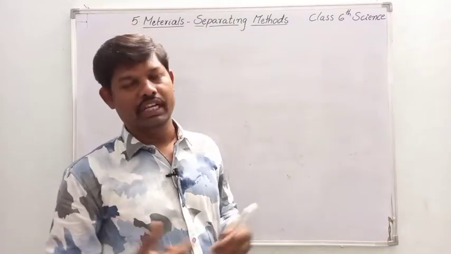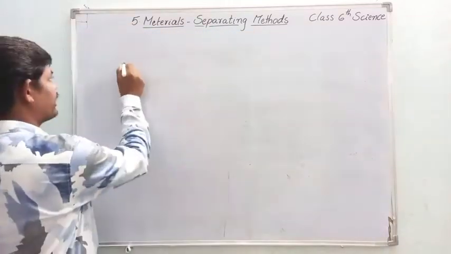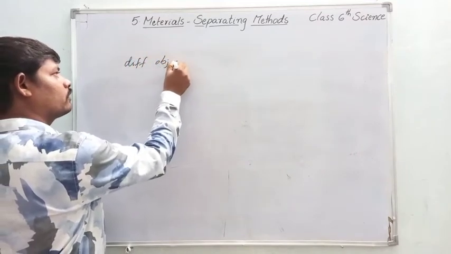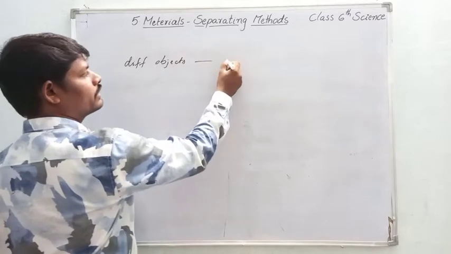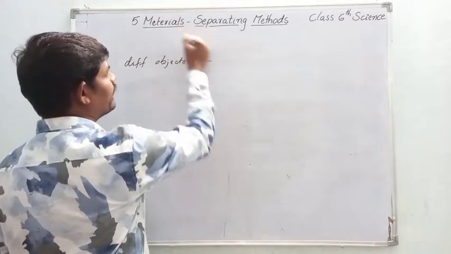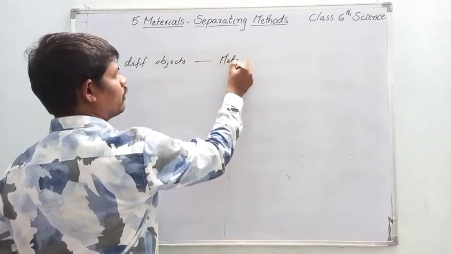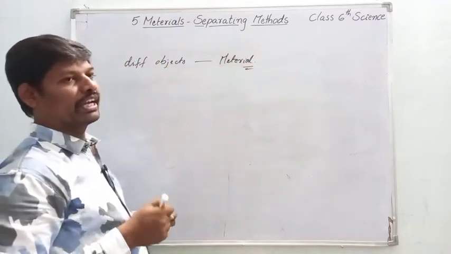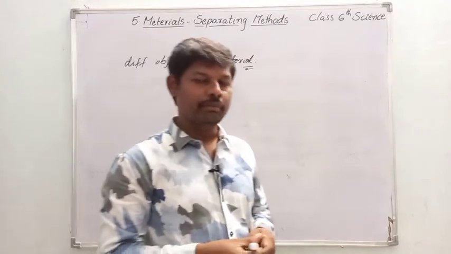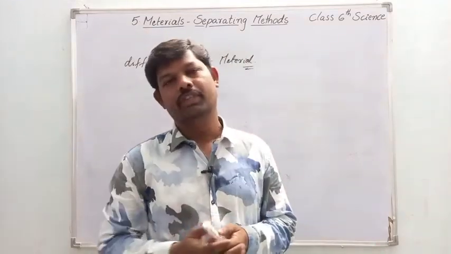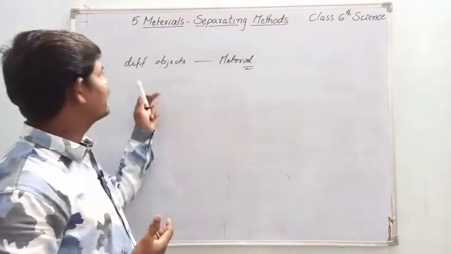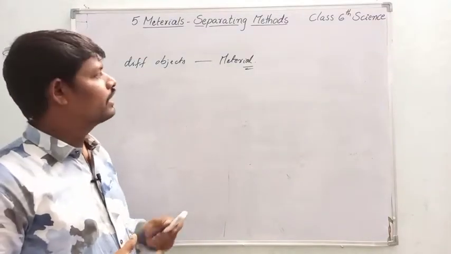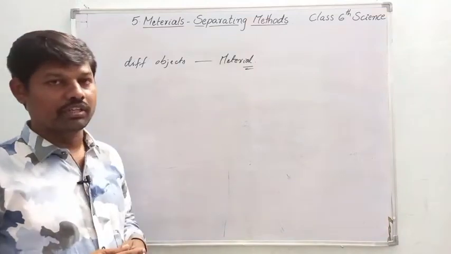Because we know that different objects are made up of different materials. That is why some break, some don't. For example, a stainless steel plate doesn't, and a glass bottle does.